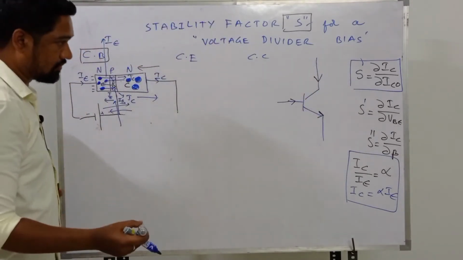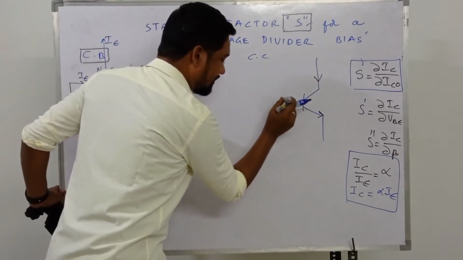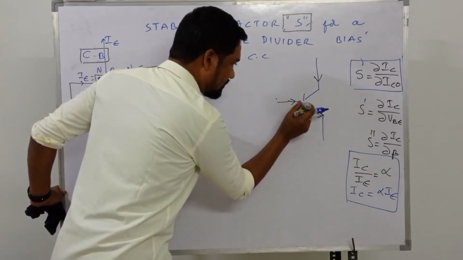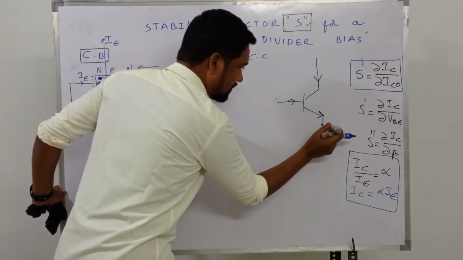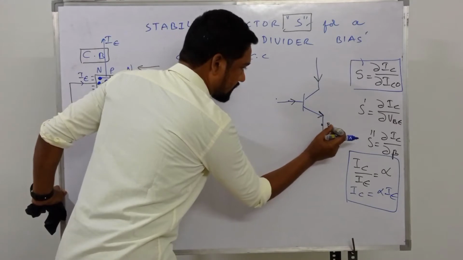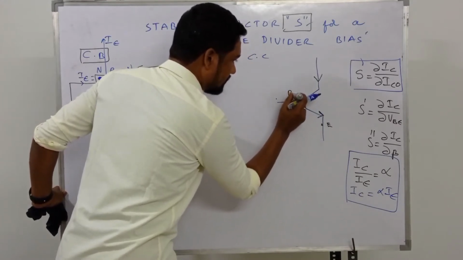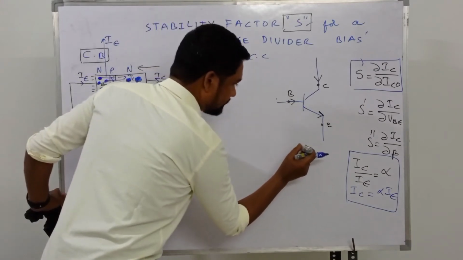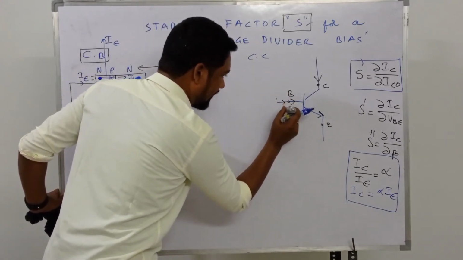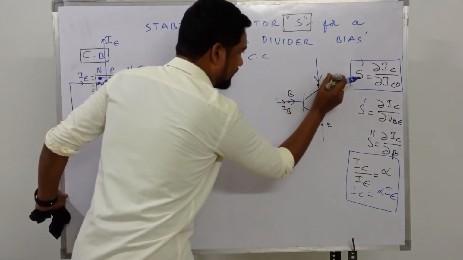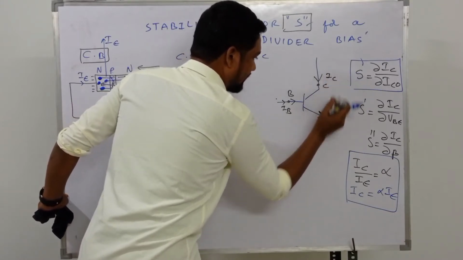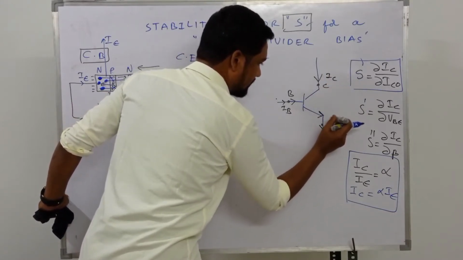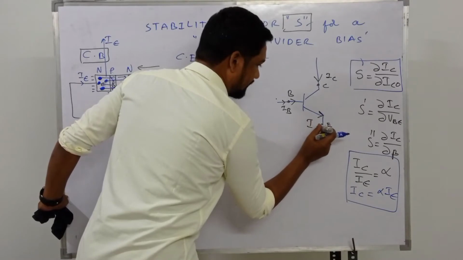So guys, the expert says IB, it's the base, isn't it? Now this is the emitter, with the arrow mark, this is the base, and this is the collector. So we have IB over here, IC, and the emitter current IE over here.